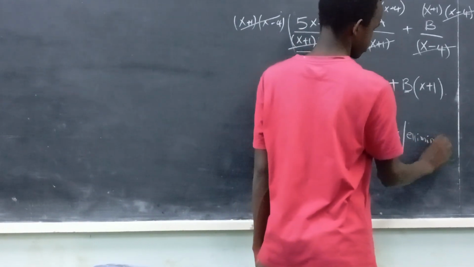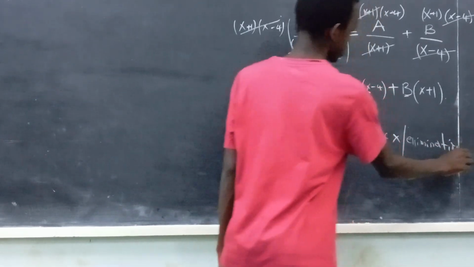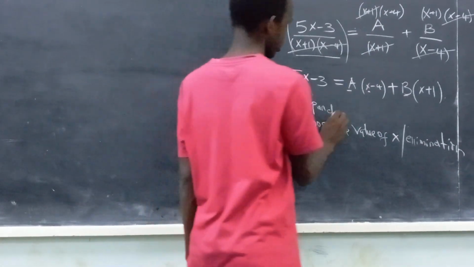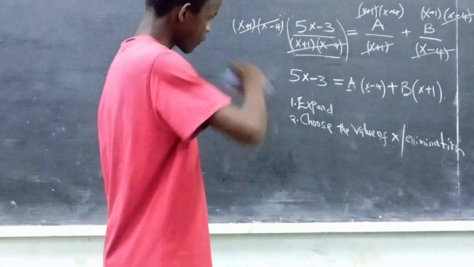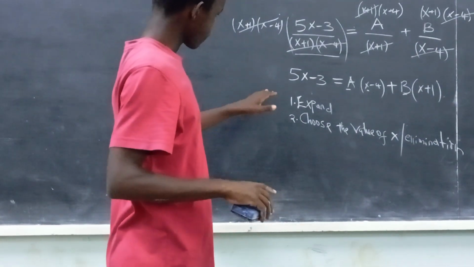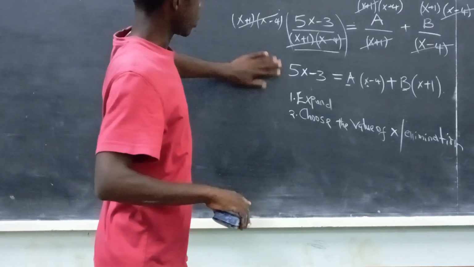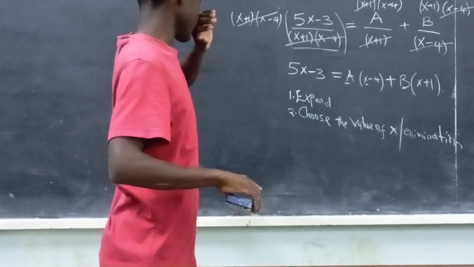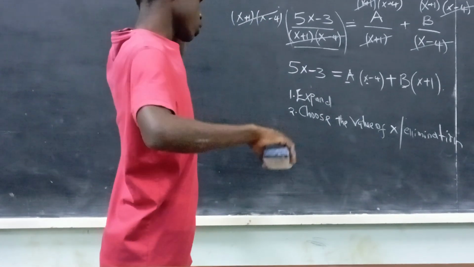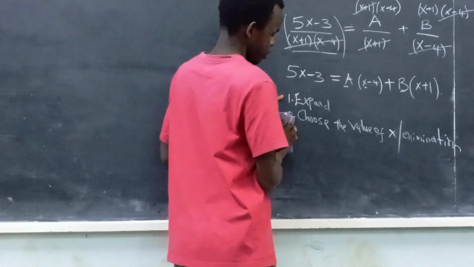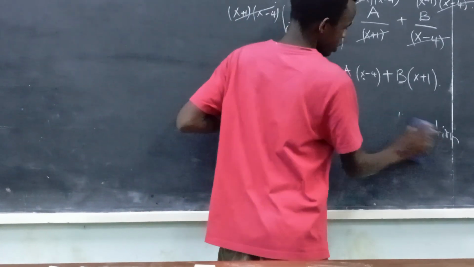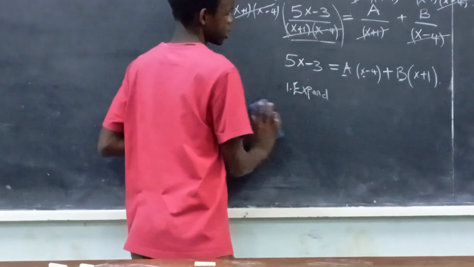But it's advisable to use the expansion, because you can get a very long expression, so we just have to expand. It won't be suitable for choosing. So I'll just try to explain that with the expansion method. So we'll try to expand.